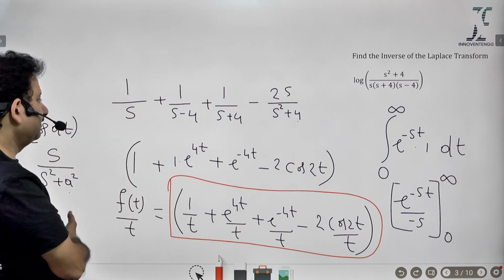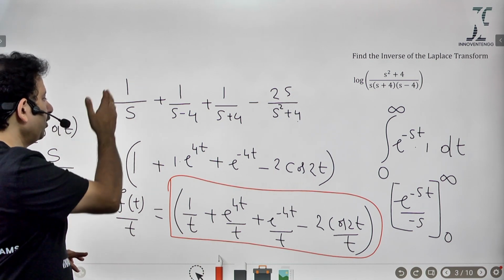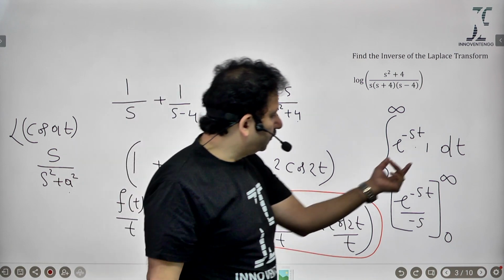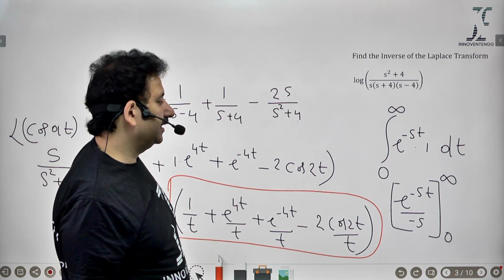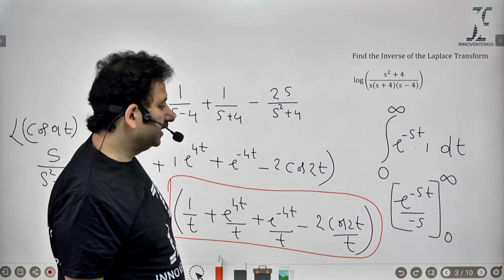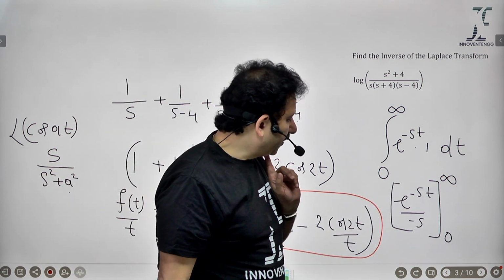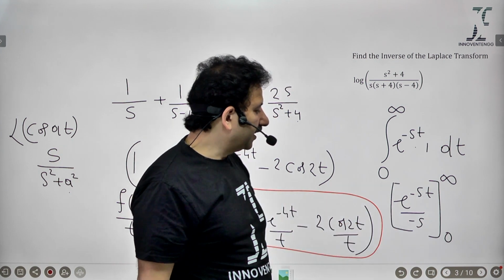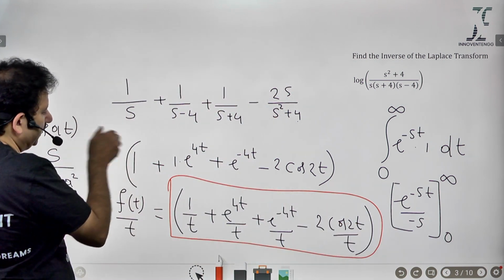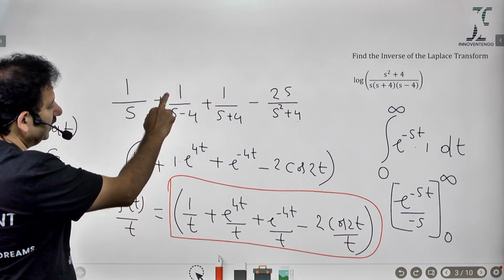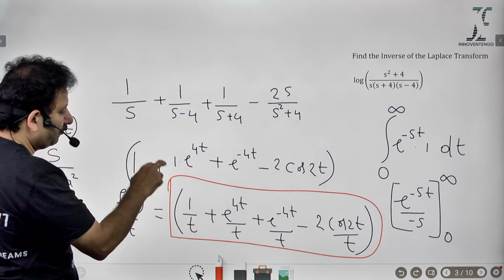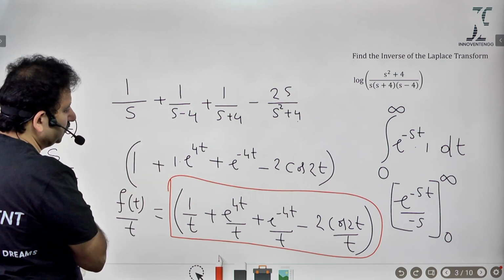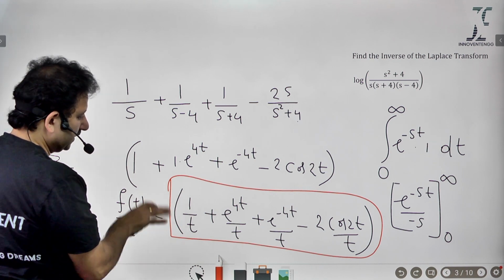And taking inverse Laplace transform was very easy. 1 by s means 1, because I proved that here: when you take the Laplace transform of 1, with e power minus st and infinity being the top limit, you get 1 by s, and that is where 1 by s is replaced by 1. And 1 by s minus 4 would mean it is 1 into e power 4t, because you are frequency shifting by plus 4.